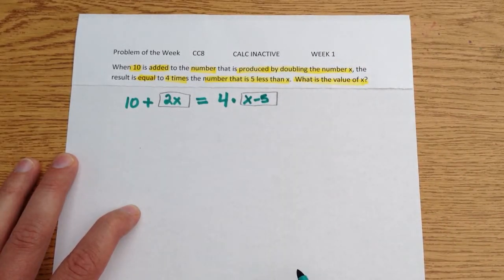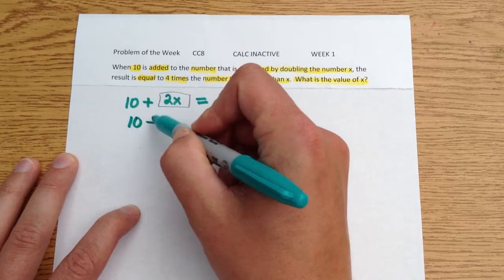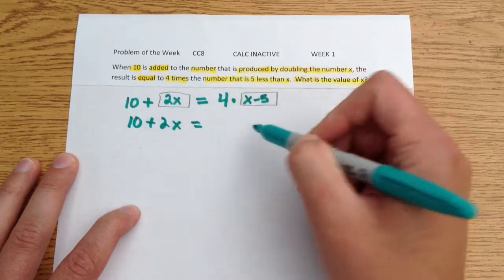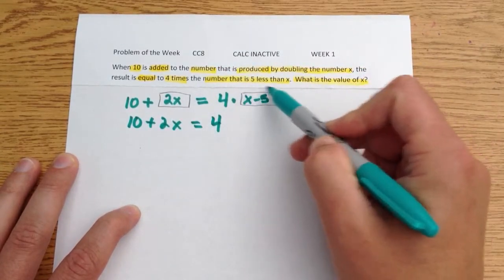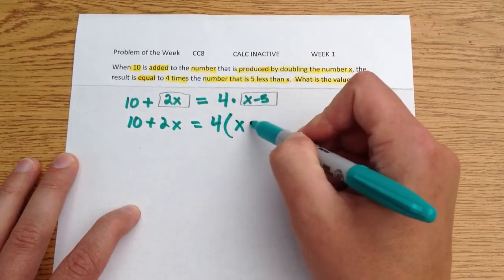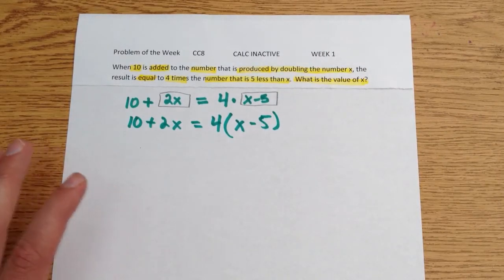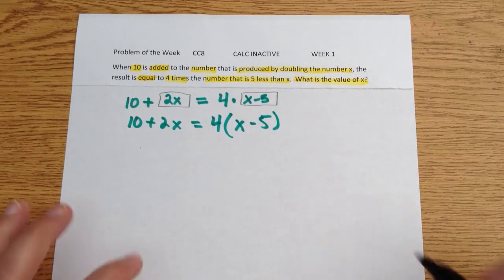Now it says, what is the value of x? So I have this problem here that I need to solve for x. So now I'm going to rewrite it without these boxes. So 10 plus 2x equals 4. Now since this was a whole number or a number that I needed to figure out, I'm going to put it in parentheses, so x minus 5. Now let's go ahead and solve this even further. The first step, I would need to distribute.